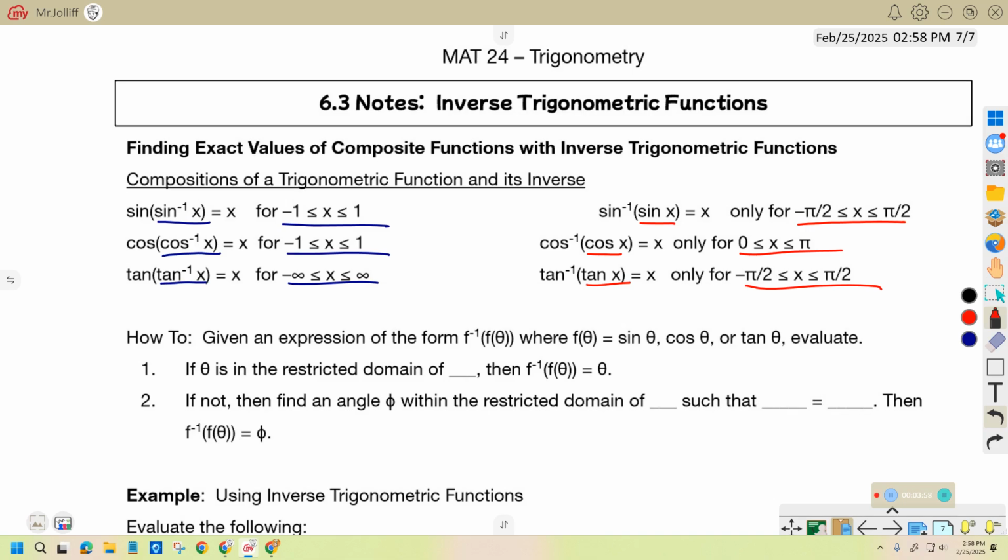So we had to put limits on where sine was allowed to exist. Does anybody remember what the limits on the sine function were? Beginning of 6.3, what limits did we put on the sine function? I hear some shuffling through notes. That's a good thing.